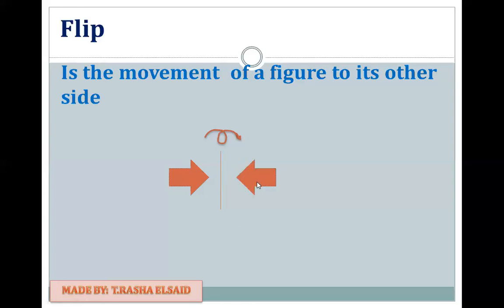As you see, the first one was looking to the right side, its direction to the right. The other one, when I flip this figure, just to move it to the opposite side like that, the back of this figure will appear here. So this is how to flip the figure.